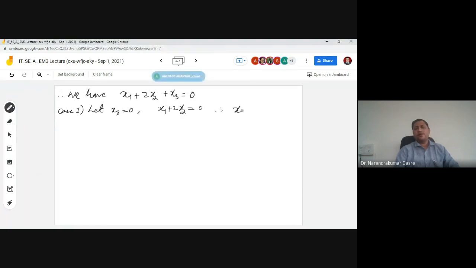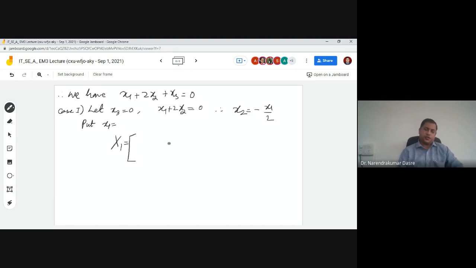So I can write x2 is equal to minus of x1 by 2. Okay, so what I can do is put x1. So the value of x1 we have to put in such a way that it should be positive, and x2 should be integer.